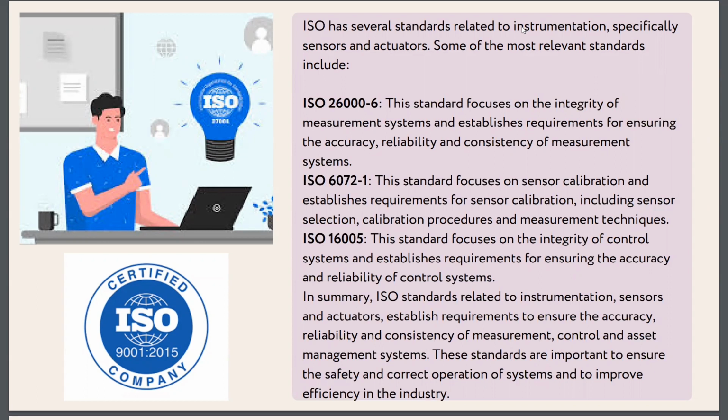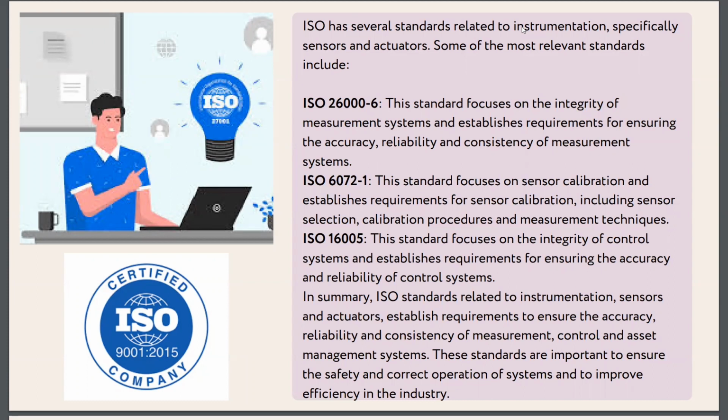The second standard focuses on sensor calibration and establishes requirements for sensor calibration, including sensor selection, calibration processes, and measurement techniques. And the last one is a standard on the integrity of control systems and establishes requirements for ensuring the accuracy and reliability of control systems.